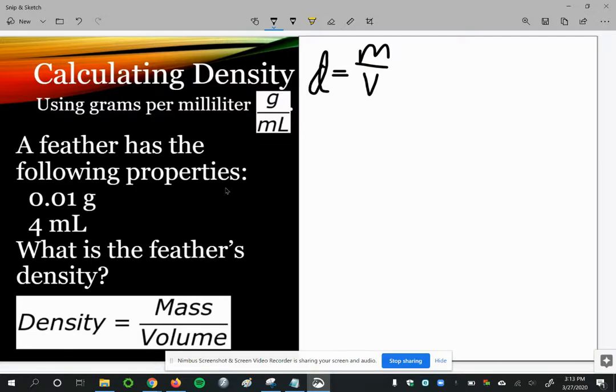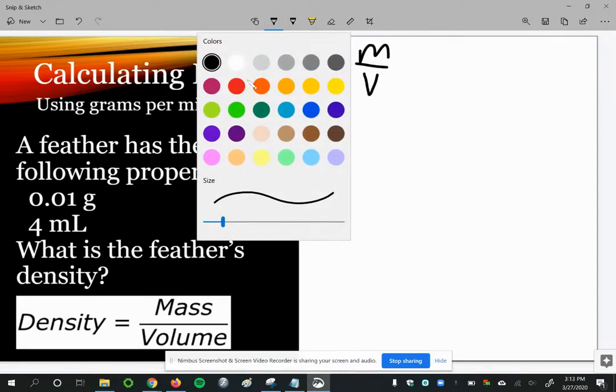Anyway, density equals mass divided by volume. The next thing I encourage you to do is create an inventory of everything you know so far. So here's my inventory. Let me do this in a different color.